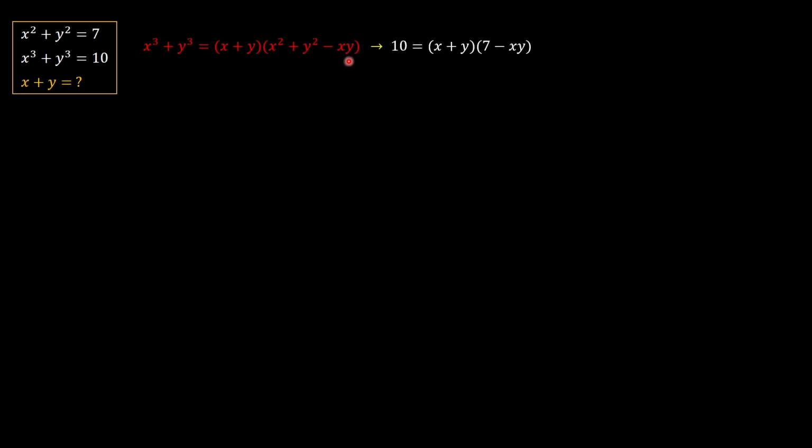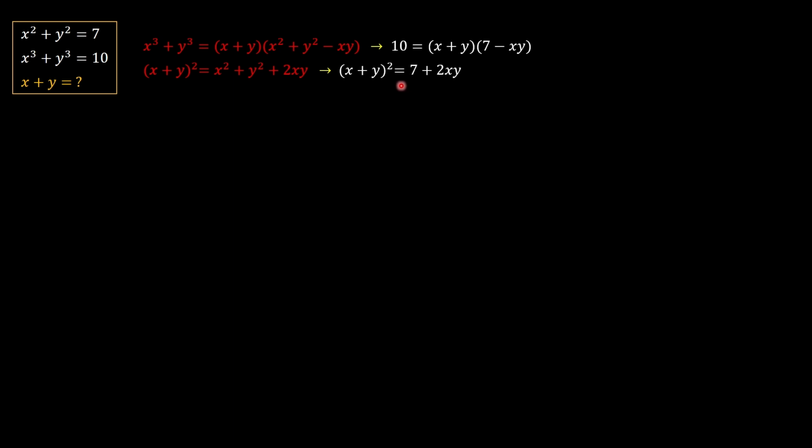Now let's look for another formula. (x plus y) squared equals x squared plus y squared plus 2xy. We know that x squared plus y squared equals 7. Then we can write (x plus y) squared equals 7 plus 2xy.